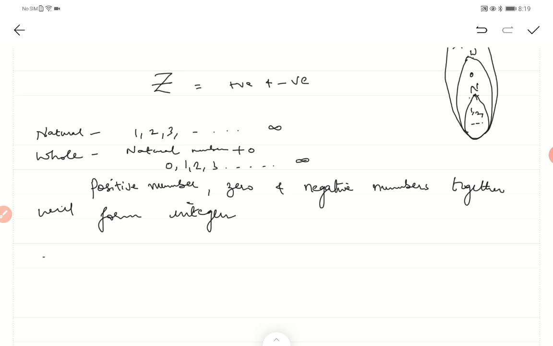Whereas your integers are what? Integers, which are represented by Z, have 0 in the middle, then 1, 2, 3 and so on. And on this side you'll have negative numbers, -1, -2, -3 and so on.